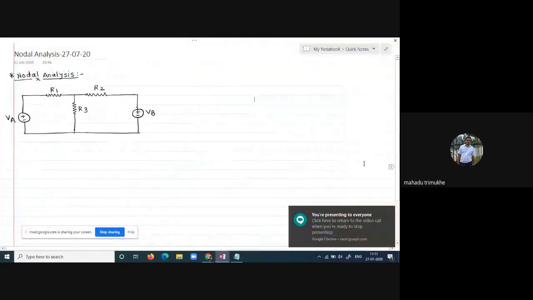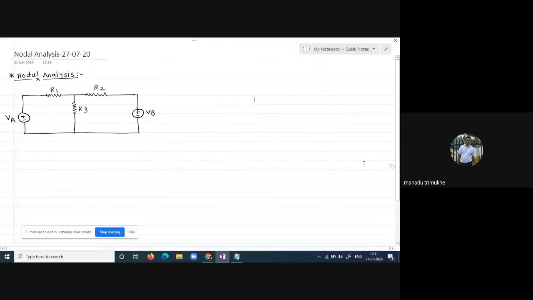So now the screen is visible to all of you. I already discussed what is meant by nodal analysis. Nodal analysis is totally based on Kirchhoff's current law, that is KCL. KCL is nothing but what? The algebraic sum of currents meeting at a point is zero. Every junction where two or more branches meet is regarded as a node.